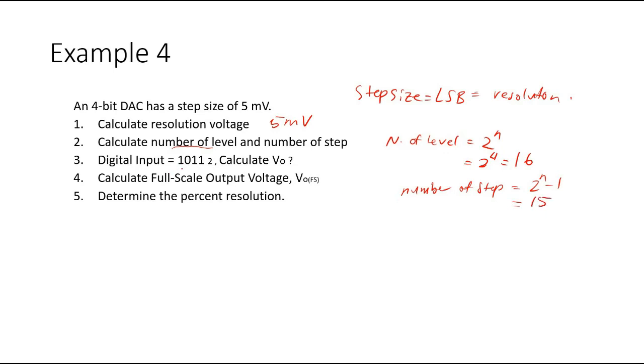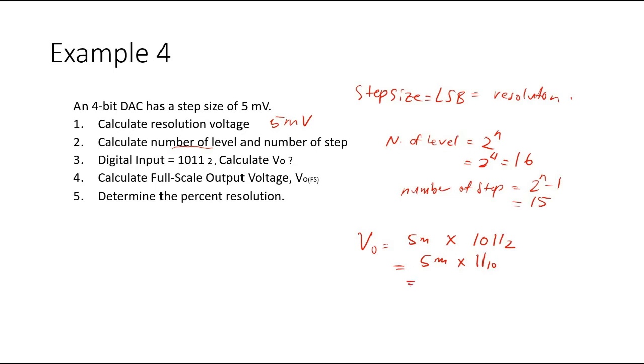Okay, for digital input 1011, calculate the V out. So equation 5 millivolts resolution multiply with input base 2. So 5 milli multiply with 1011 in decimal is 11 in decimal.